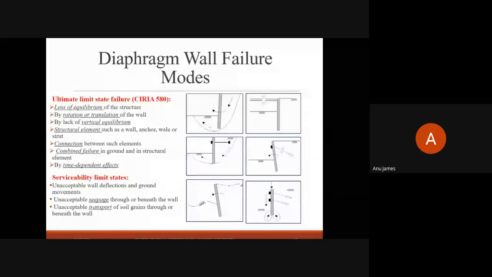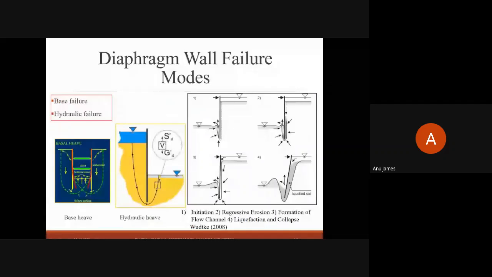This is an illustration of basal heave and hydraulic failure. The first image shows the possible basal heave. If the basal heave of the excavation is more than the permissible limits, it will result in the yielding of the lateral support, thereby resulting in the failure of the system.